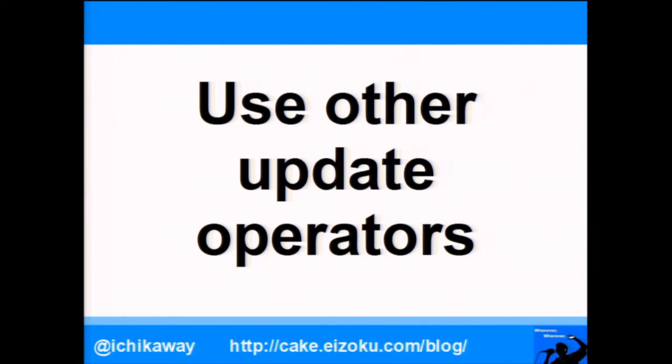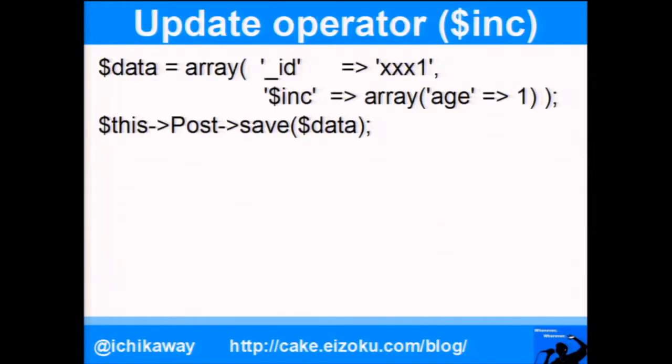How to use other update operators? It's easy. Set a Mongo operator in a key of the array. This example increments the age field.